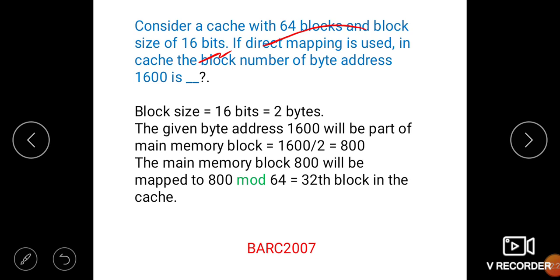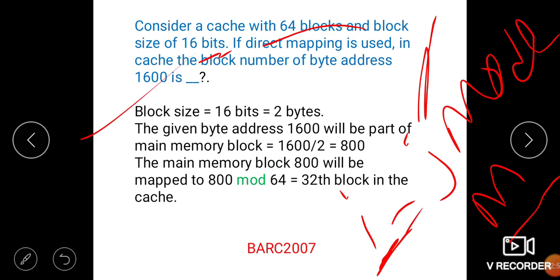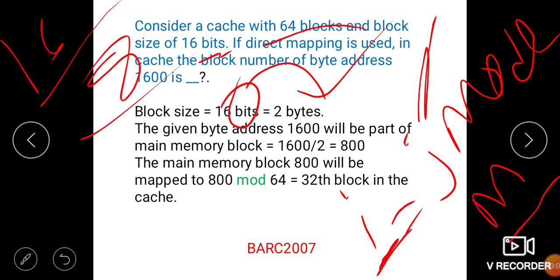The direct mapping technique is like: i equals j modulo m, where i is the cache line number, j is the main memory block number, and m is the number of lines. Here it is given that the block size is 16 bits, so we have to convert it into bytes. So 16 divided by 8, we get 2 bytes.